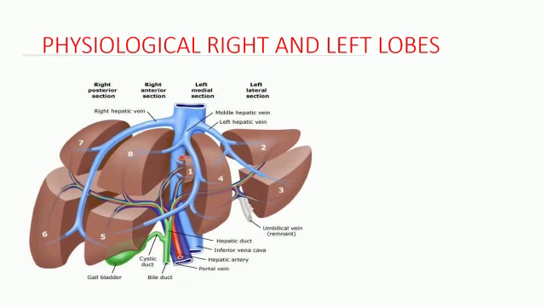This diagram shows once again the physiological right and left lobes of the liver. Within the physiological right lobe as well as the left lobe, the hepatic duct and corresponding vessels divide each into anterior and posterior branches. Similarly, within the left lobe, the corresponding duct and vessel divide into medial and lateral branches.